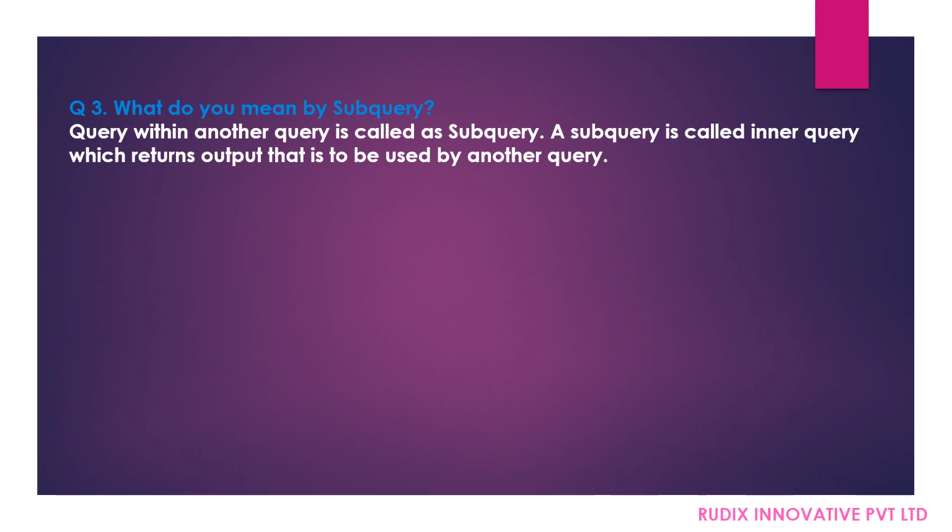For example, if we have A and B, for A we get a result C. The C acts as the input for B. It is known as a subquery. So a query within another query is called a subquery. A subquery is called an inner query, which returns output that is used by another query.